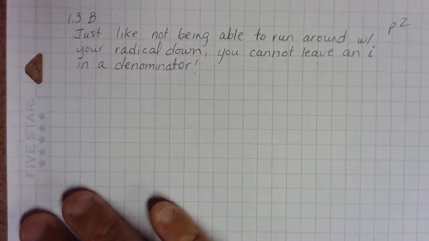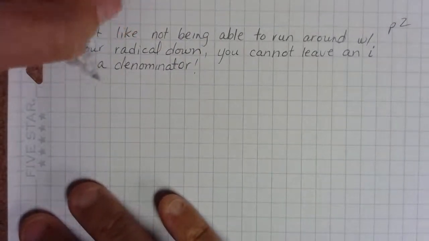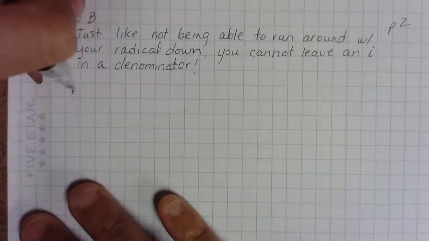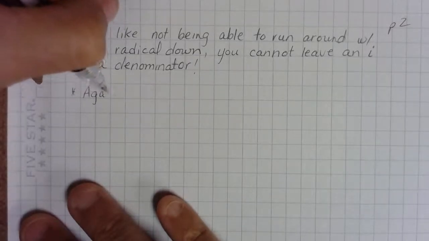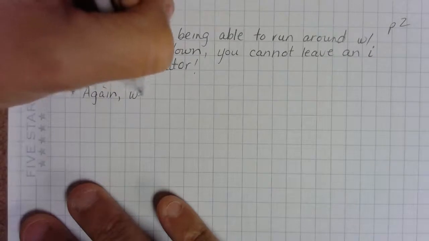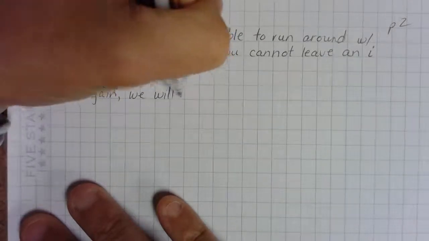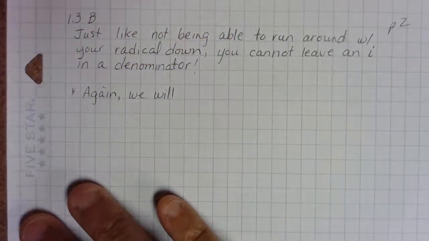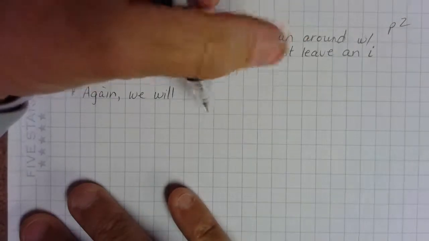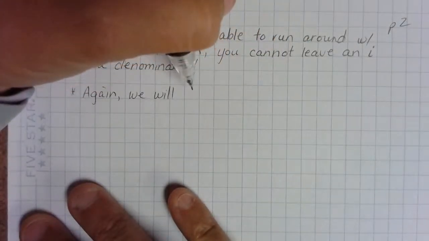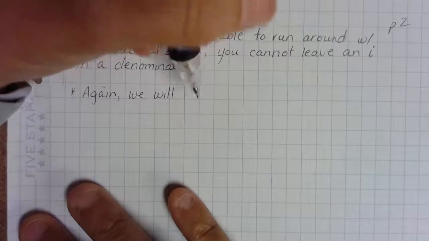So we're going to use the same process. It's just like when you squared a radical, the radical disappeared because the square root of 6 times the square root of 6 is just 6. Well, the same process works with an i, because i times i is i squared, which is negative 1. But we needed that to cancel off. So we used conjugates.